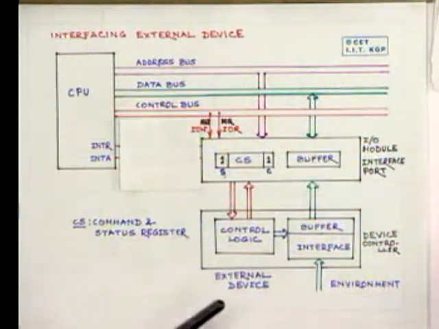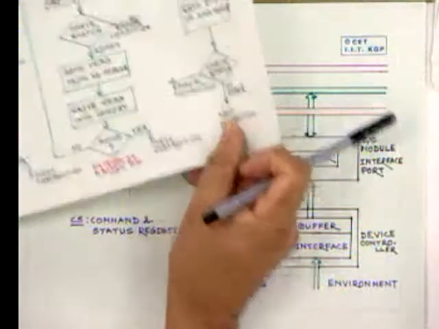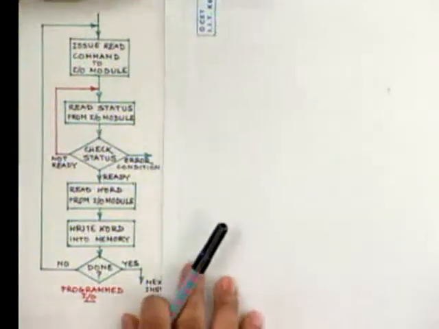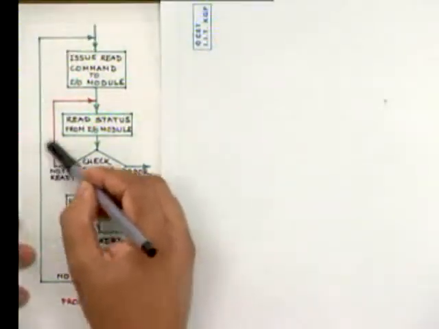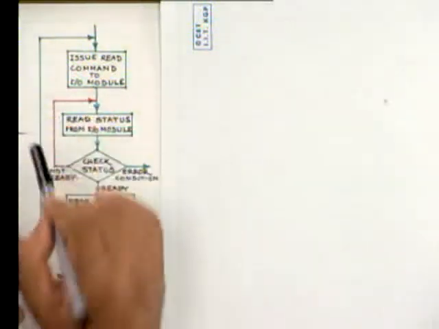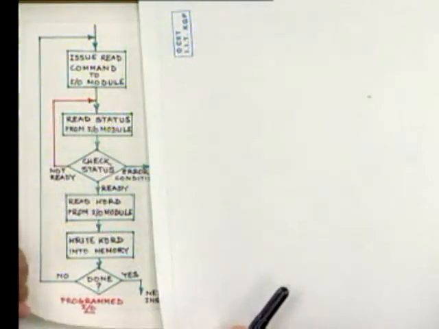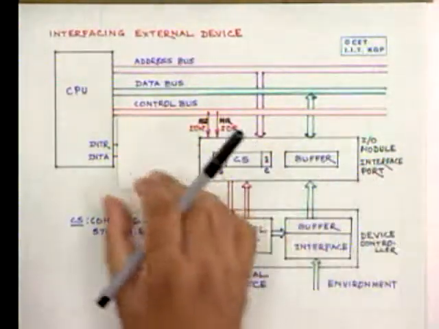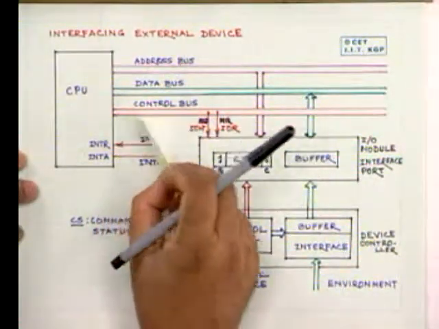Now, as I was telling, the situation here essentially is that this is a very useless wait loop for the CPU. What can be done about it? The simple improvement is, why wait?